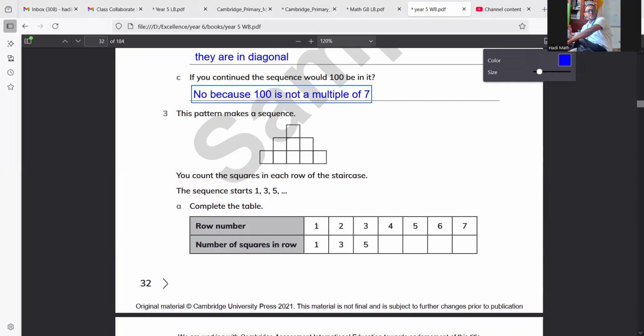They say this pattern makes a sequence. So the first one is 1, then 3, then 5. Complete. Like 1, 3, 5, the next one will be for sure 7, because every time we add 2 according to what we see here. Then 9, then 11, then 13.